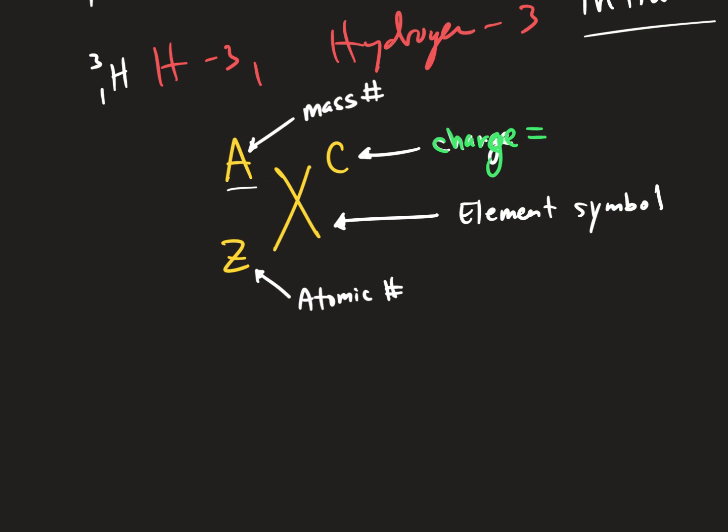Here's how you find the charge. Atomic number minus number of electrons. And that's how you get the charge. Let me make sure that's true. Atomic number minus the number of electrons. Yeah, that's it.